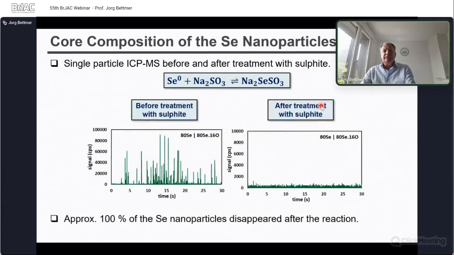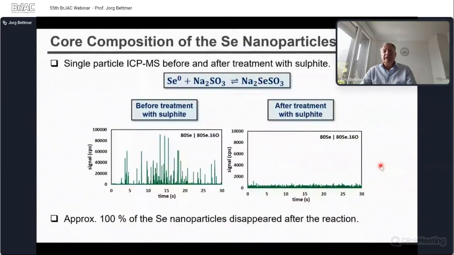And what we see is before the treatment, we see the regular analysis, seeing the events of the present selenium-containing nanoparticles. And after the treatment, you see that we have only a baseline. No events occur anymore. So basically, 100% of the present selenium nanoparticles in these samples were of elemental selenium.